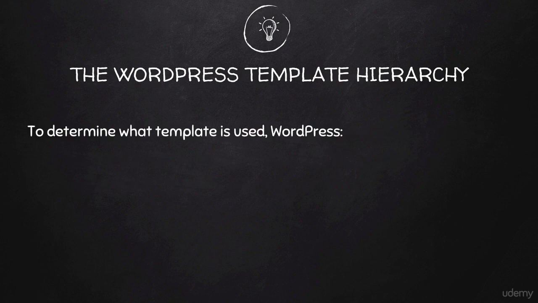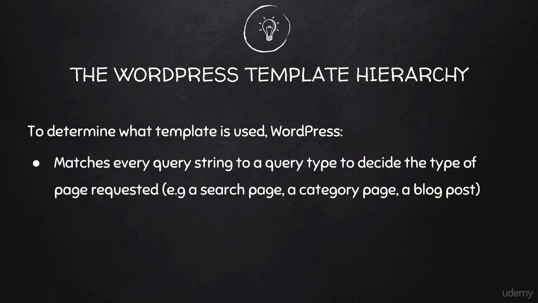Now, to determine the kind of template that is used, WordPress will first of all match every query string to a query type to decide the type of page requested. We just saw an example. So WordPress will first of all determine whether this URL is pointing to a post, a page, a search results page, a category page, and so on and so forth.